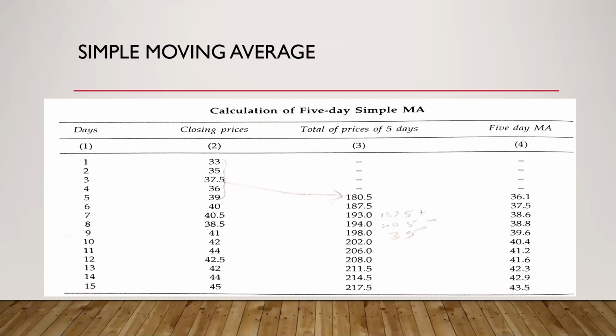Again, to find the next day's value, we leave out the second day's price and add the 7th day's price. That is 37.5 plus 36 plus 39 plus 40 plus 40.5, which gives you 193. That divided by 5 gives you 38.6. So we leave out an old price and add a new price, and in such a way we keep on calculating the simple moving average.